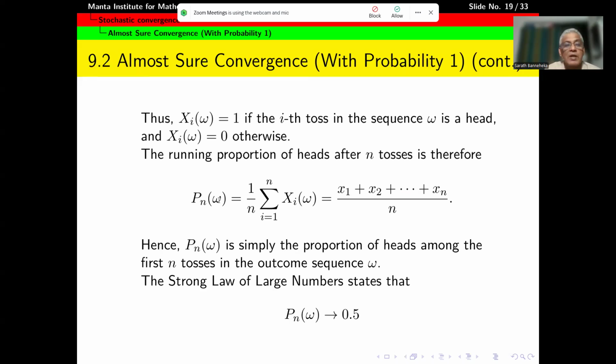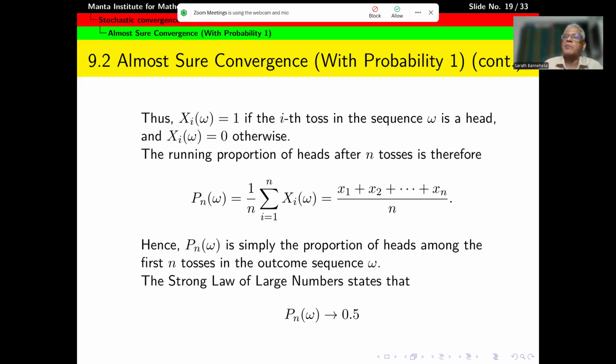For a particular omega, Pn omega is the sample mean of the first n components in omega. The practical interpretation is the proportion of successes in n Bernoulli experiments. For example, if the Bernoulli experiment is tossing a fair coin, then this Pn omega for a given omega will converge to 0.5.